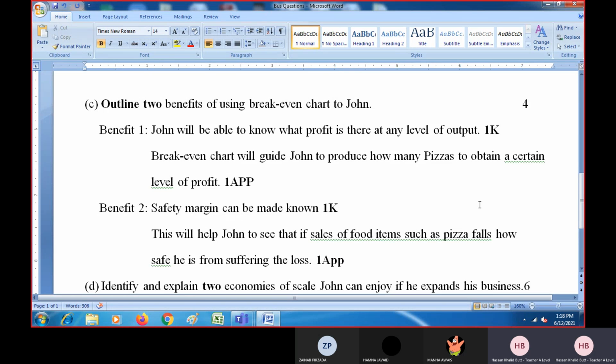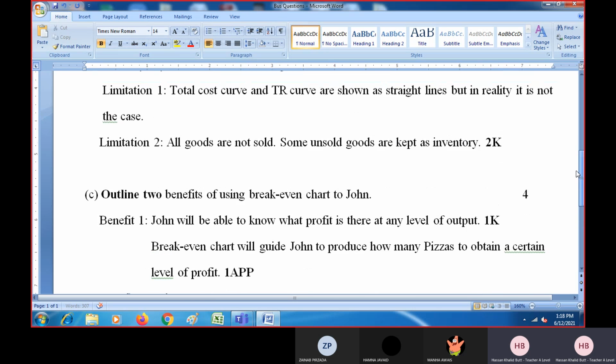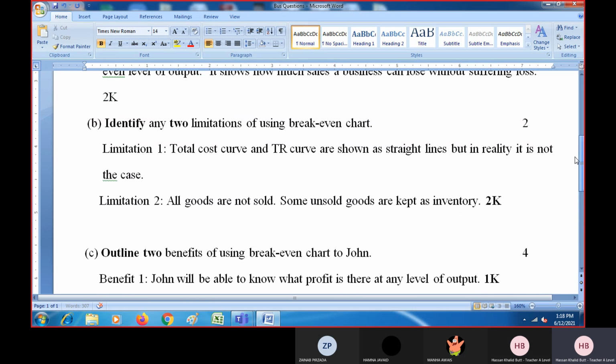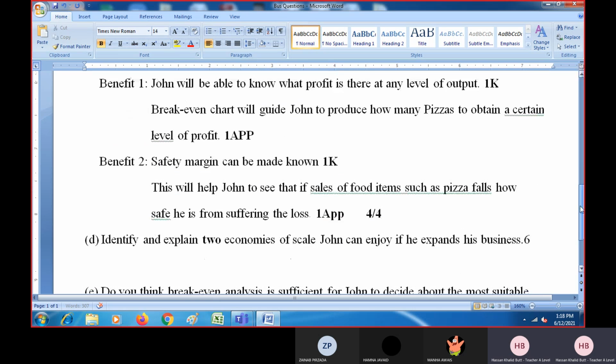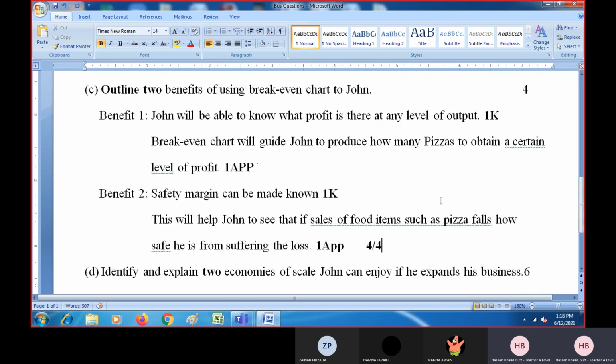That is 4 out of 4, right? So we'll get 4 out of 4 in that fashion. Now, any question from you? If you are still not clear about it, we have gained 2 marks for the knowledge and 2 for the application. So, is there any issue?